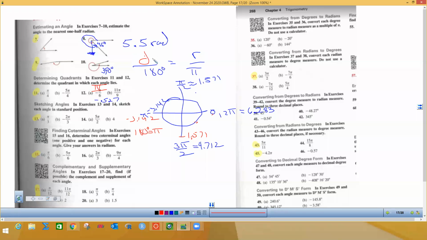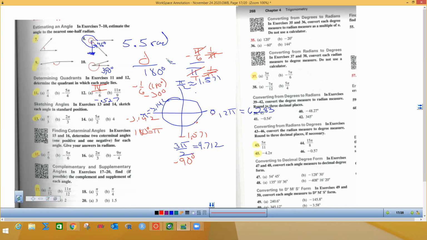We could call this d for degrees, and then put in negative pi over 6, which means these two things would reduce, because you flip this one upside down, since that's pi over 1, and multiply by 1 over pi. So these would reduce. You get negative 1/6 times 180, which ends up giving you negative 30 degrees. Then you're looking at degrees, so negative 90 is here, and that's 0.